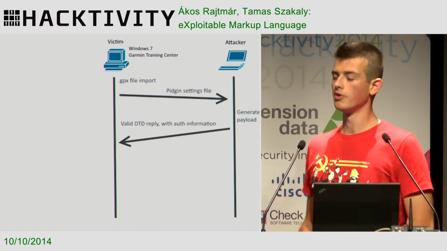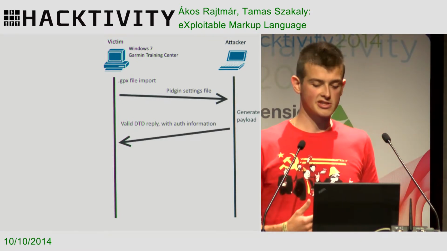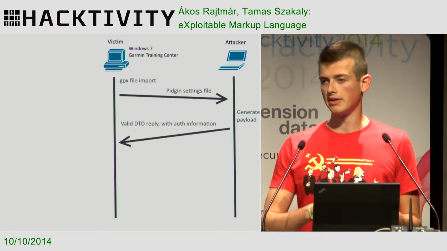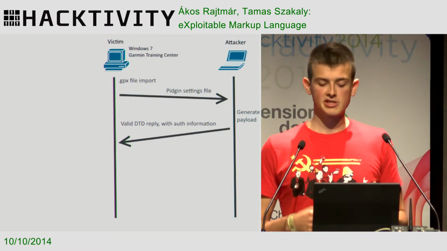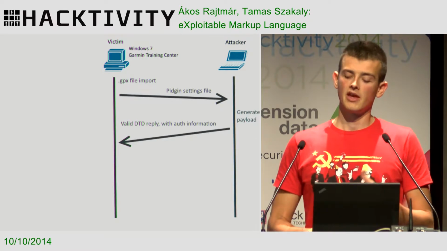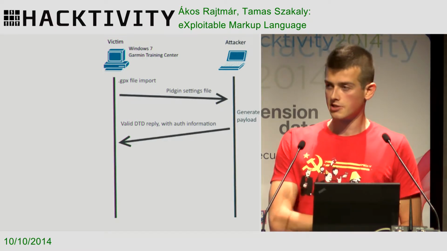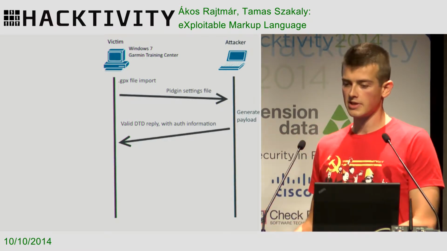Once this has been sent, the attacker will think a little and then generate a payload based on the account information included in the message received, and creates a DTD descriptor that he will send back to the client.